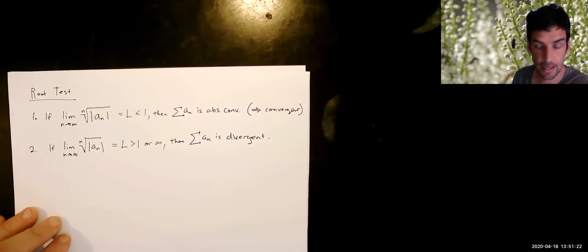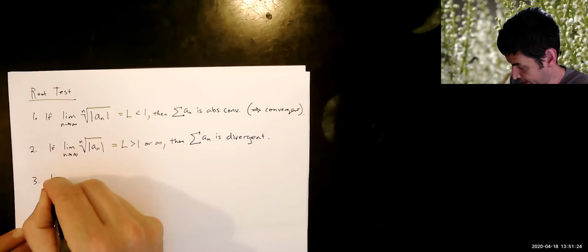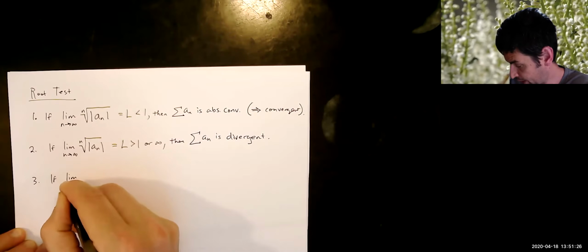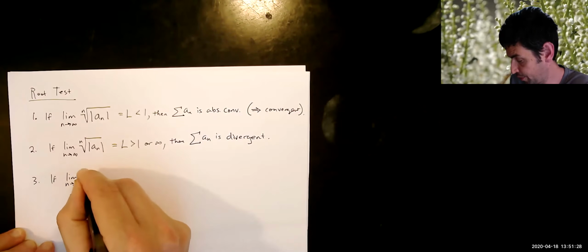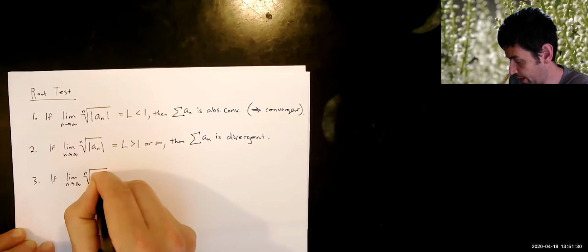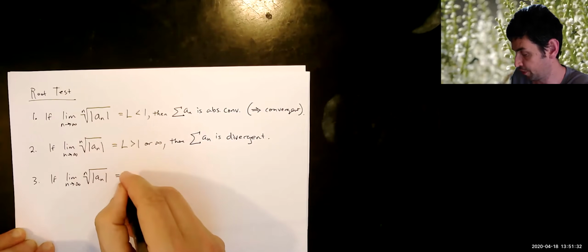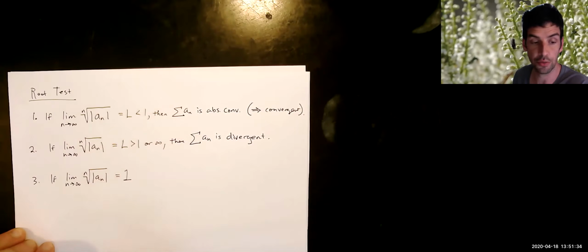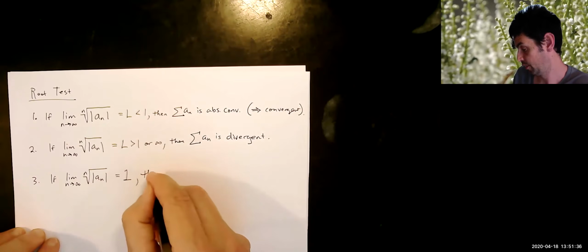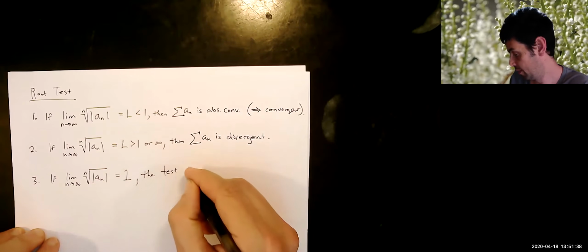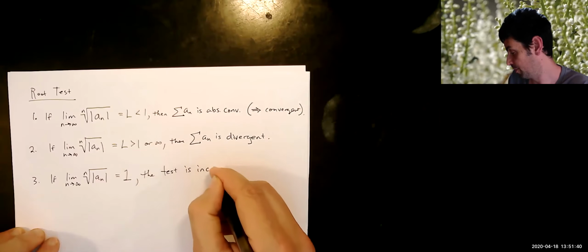And then finally, the same problem happens if the limit as n goes to infinity of the nth root of the absolute value of the terms of the series is equal to 1, the test is inconclusive.